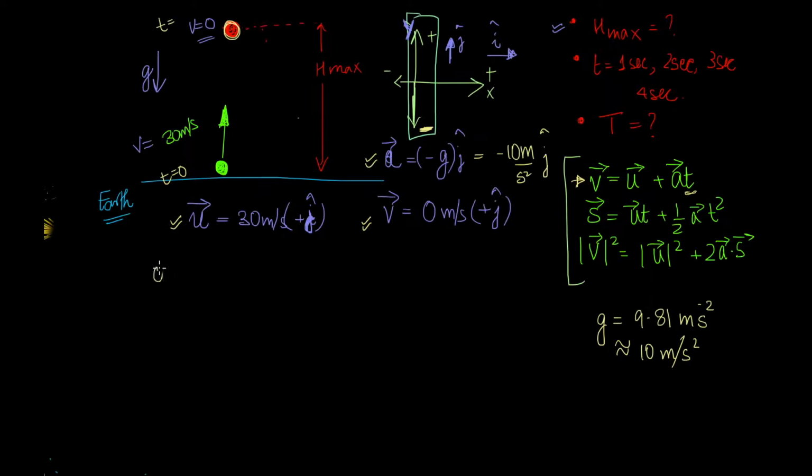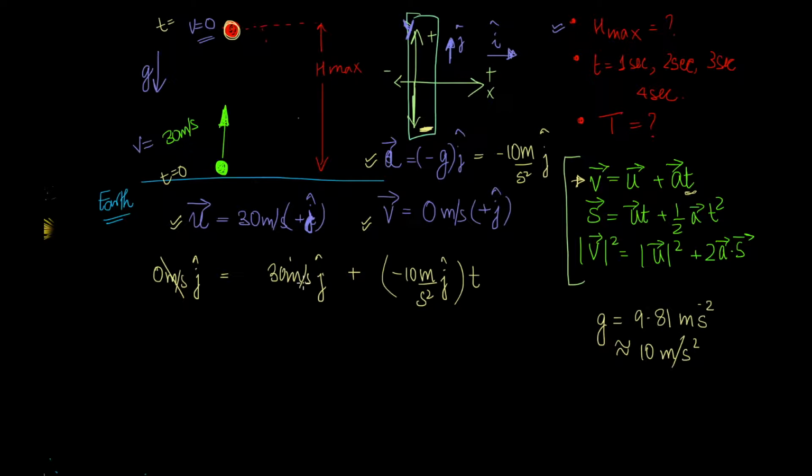Now, we have 0 meters per second j cap, which is v, equals 30 meters per second j cap again, that's u, and acceleration is negative 10 meters per second square j cap, that's a, times the time t. Now this is the time t it reaches the top of its motion.